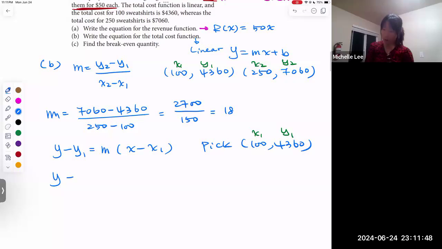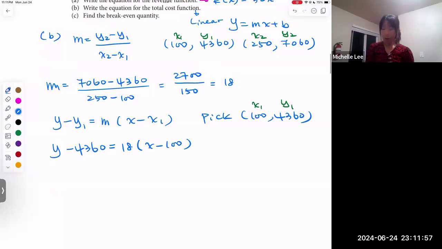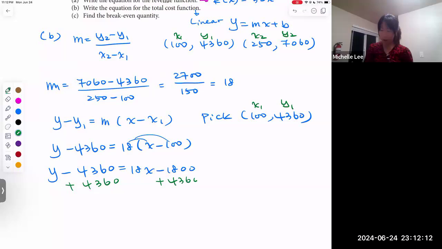So y minus 4,360 equal to the slope, which is 18, times x minus 100. So y minus 4,360 equals, distributing, 18x minus 1,800, right? So we add 4,360 to both sides. So we get y equal to 18x plus 2,560.